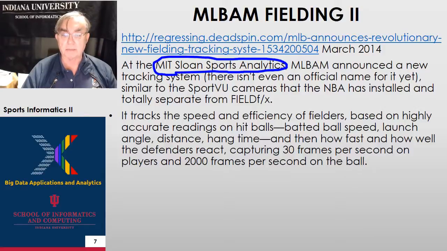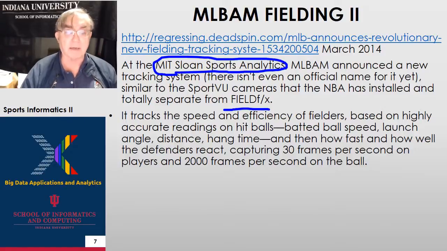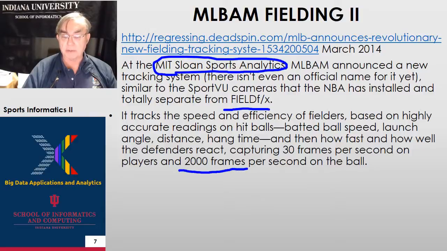And it's separate from Sports Vision, which probably they want to, I have no idea of the politics, but I imagine Major League Baseball is trying to make as much money as possible and earn as much of the technology as possible. It's interesting. I mean, here's some interesting technology: 2,000 frames per second for the ball, 30 frames per second for the much larger images you need for the players.